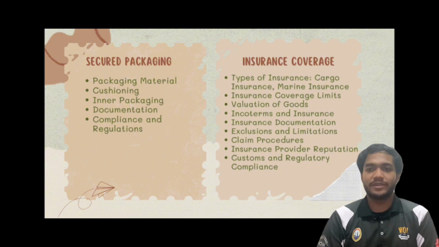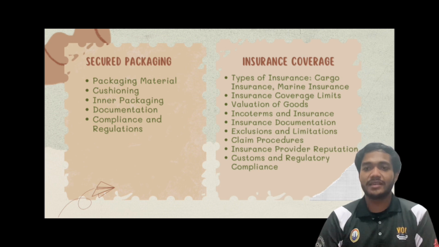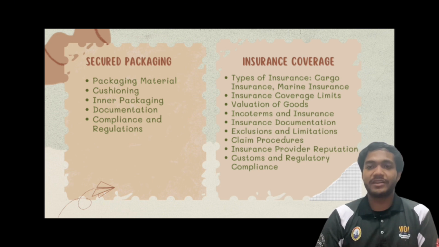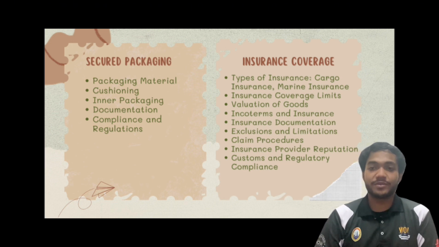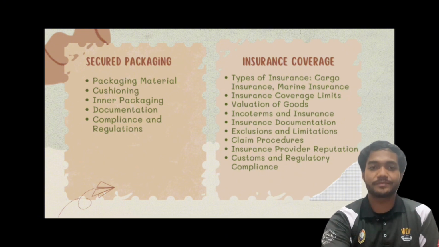Move to the next point, which is insurance coverage. In insurance coverage, they have types of insurance, which are cargo insurance and marine insurance, insurance coverage limit, valuation of goods, Incoterms and insurance, insurance documentation, exclusion and limitation, claim procedures, insurance provider reputation, and customs and regulatory compliance.